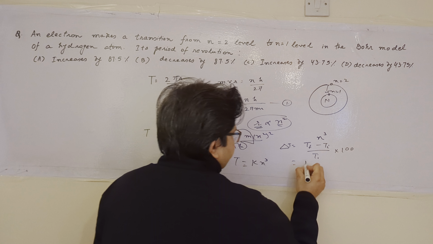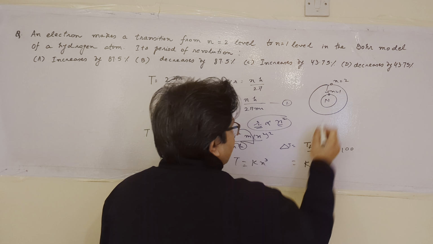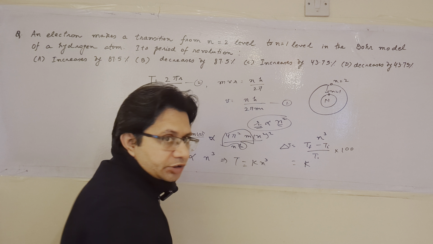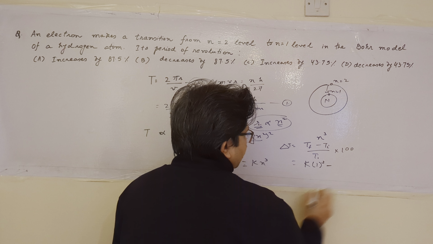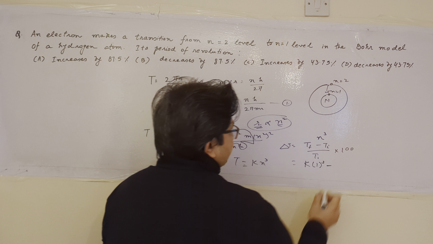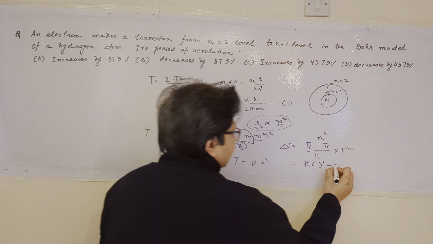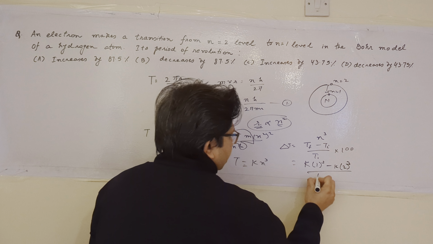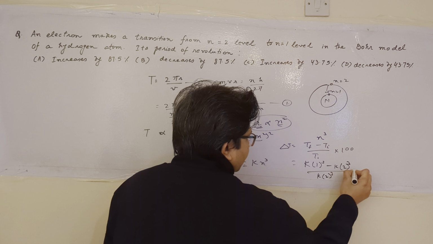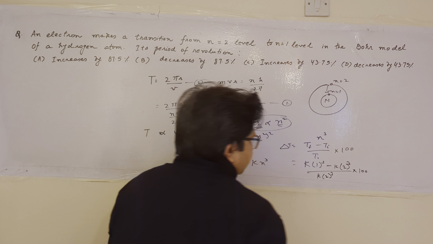T final is the n equals 1 shell, so k into 1 cube, minus initial, which is k into 2 cube, upon initial, which is k into 2 cube, multiplied by 100.